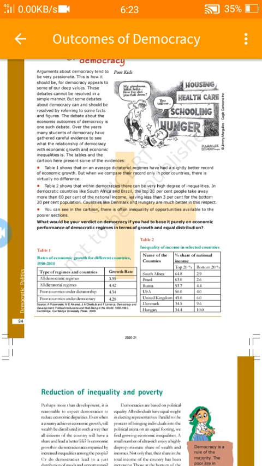Whether that country is a democratic country or a non-democratic country, economic growth of each person is very important to make a country grow. So when the population has a good economic condition, automatically we can see economic growth in any kind of country, democratic or non-democratic.